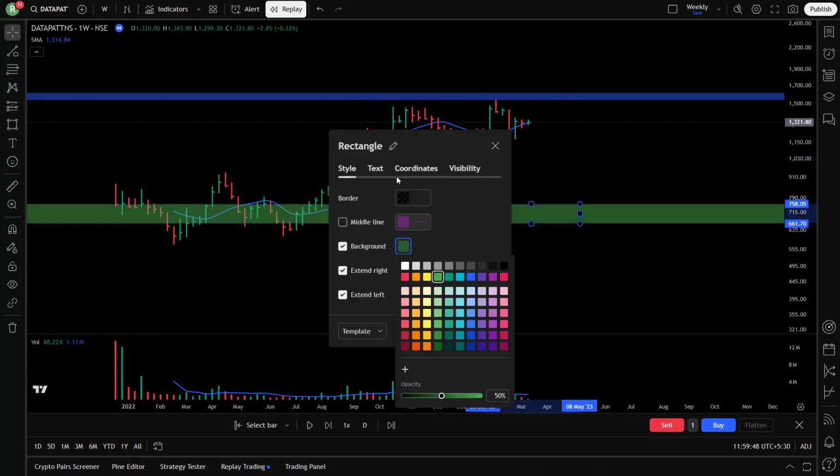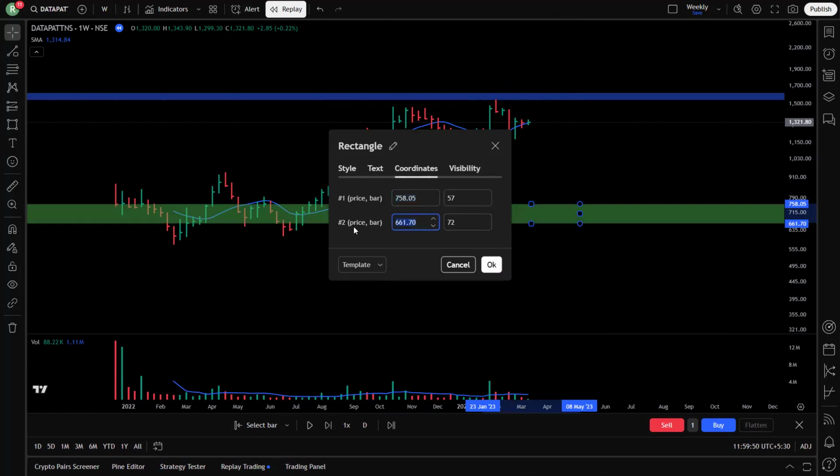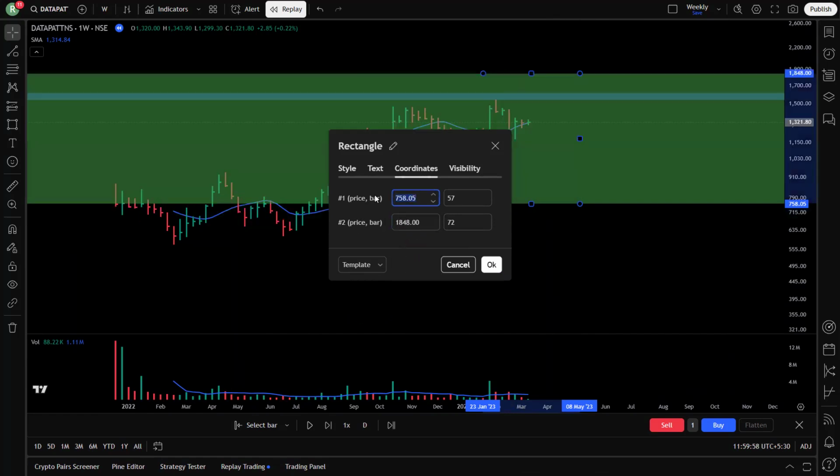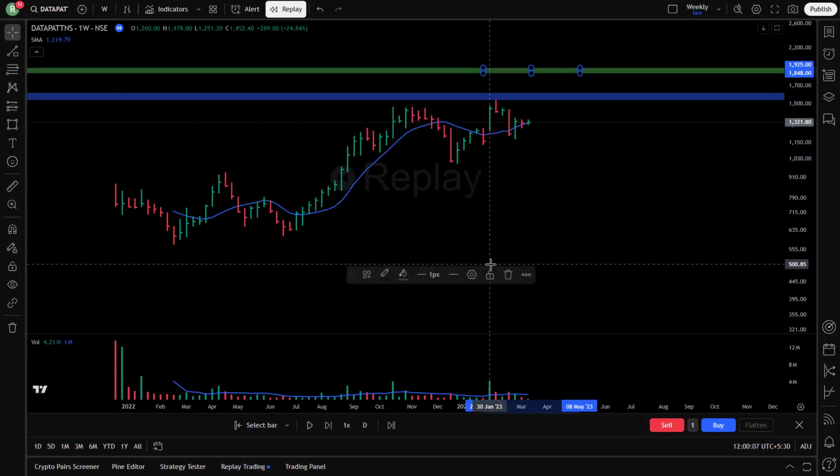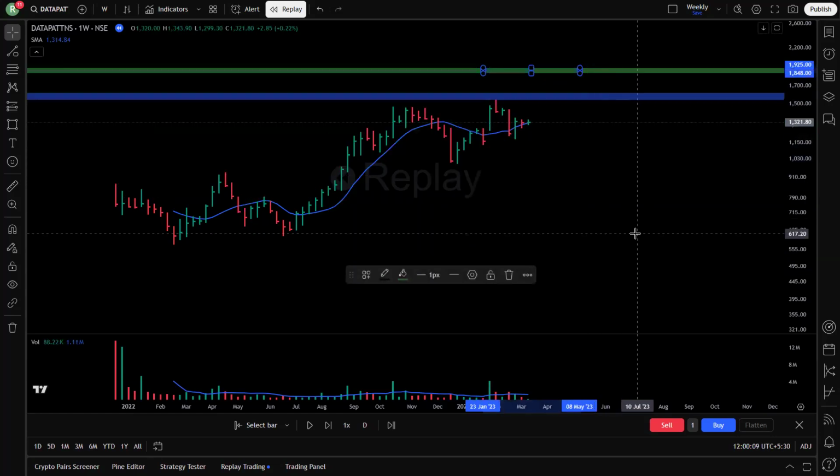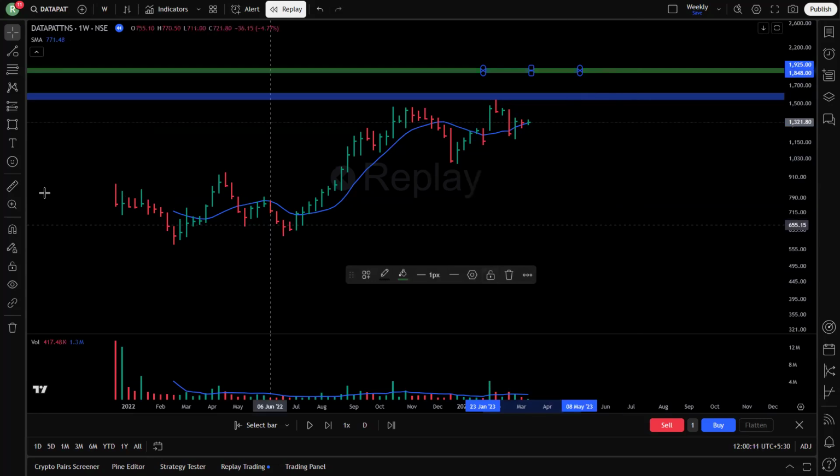So this is green. This is 1540 multiplied by 1.20, 1848. Then this is 1540 multiplied by 1.25, that is 1925. Okay, that's the selling zone. And then the stop loss zone, let's draw that.